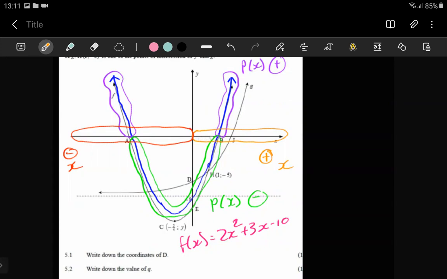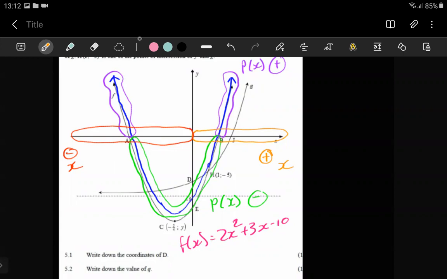Looking at the green part from here until here, and the orange from here until there, do you see that that's a spot where we have positive x values and also negative y values? Yes.